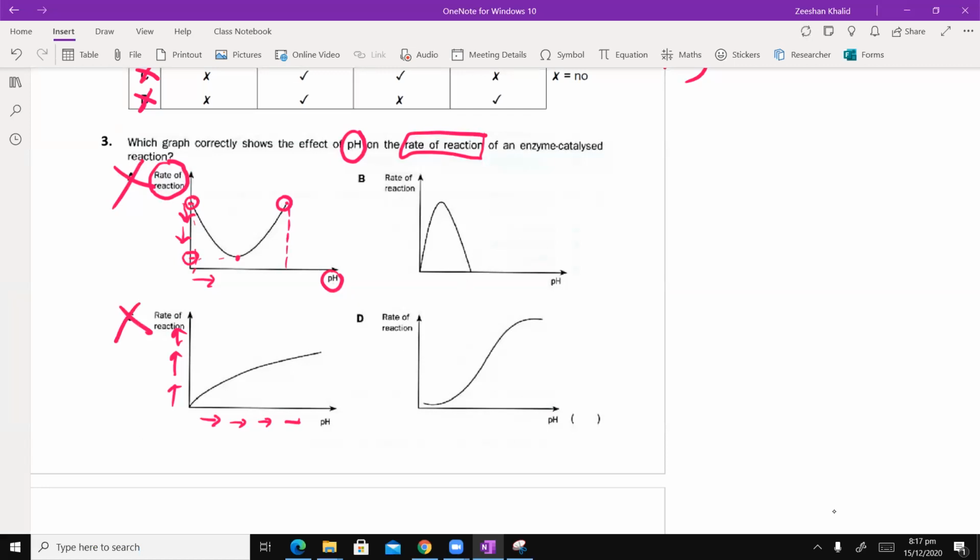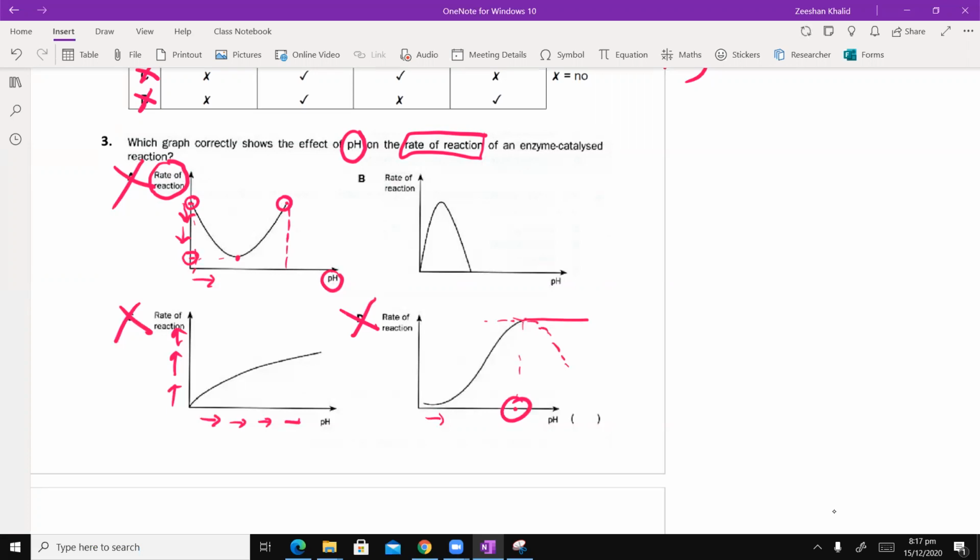Let's look at option D. As you increase the pH, it does increase and then it becomes static. If this point is the optimum pH, then beyond the optimum pH the graph should go down, but it's not going down, it's going straight. So again, that is incorrect.